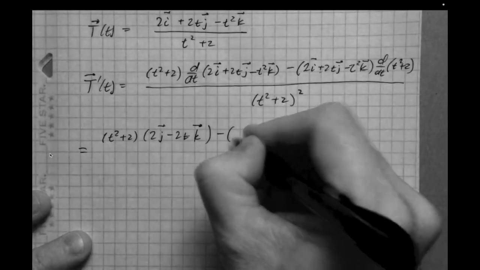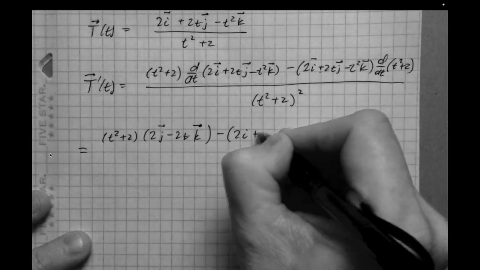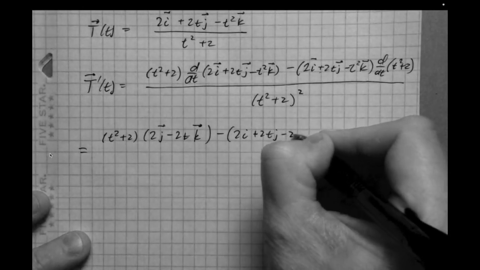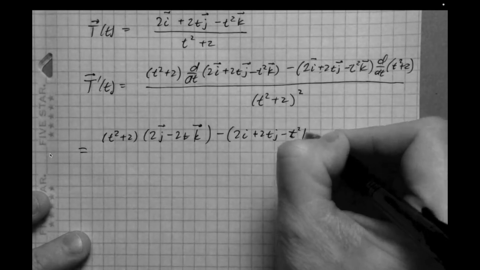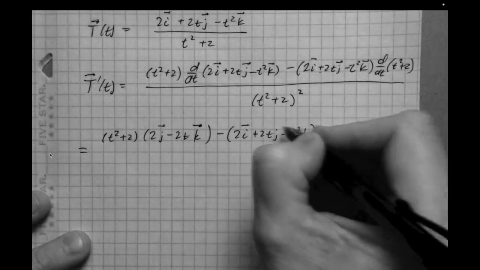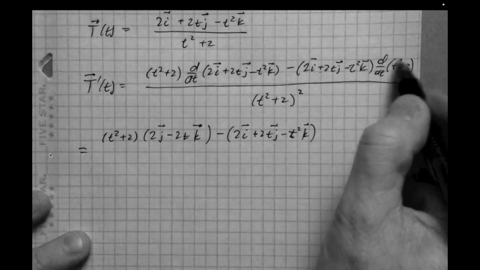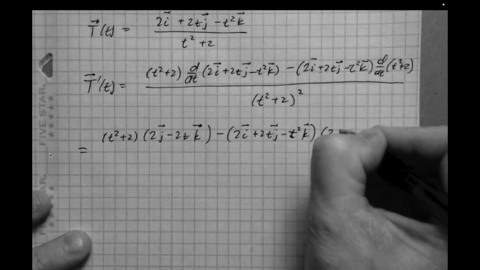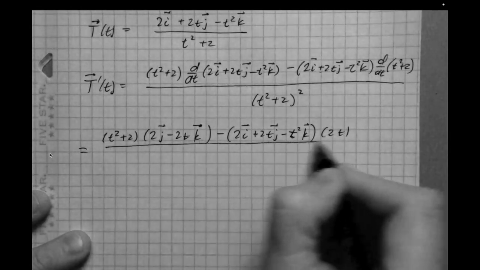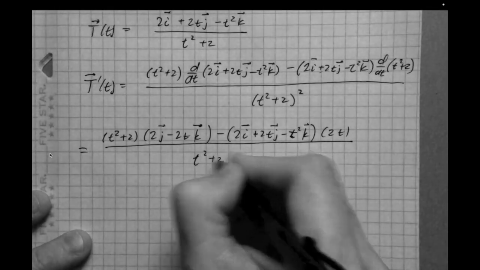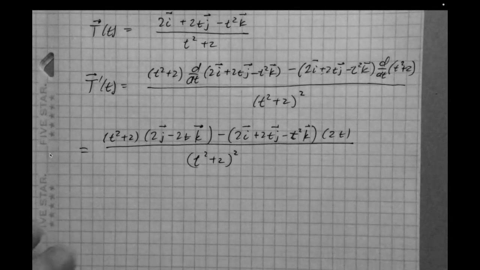And then here we'll have 2i plus 2tj minus t squared k. And then the derivative here will just be 2t, won't it? Yep. And then you've got t squared plus 2, quantity squared on the bottom still. Okay, and so now we actually have the derivative, but we need to simplify this thing.